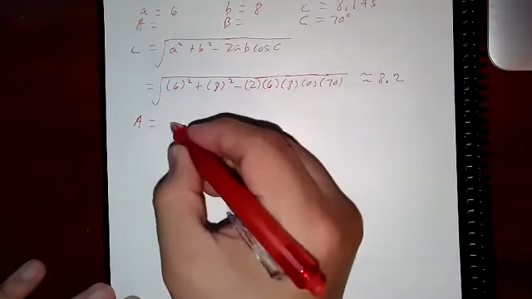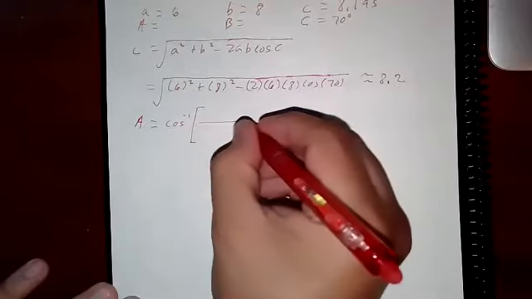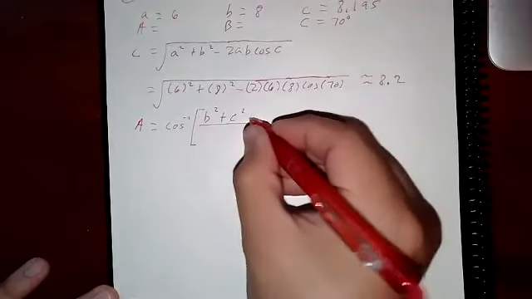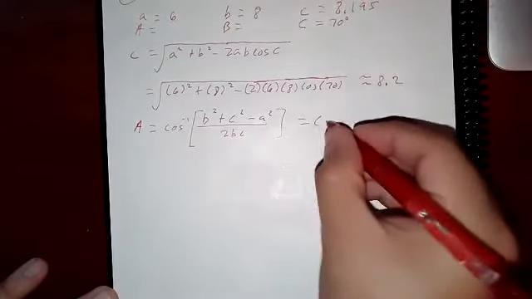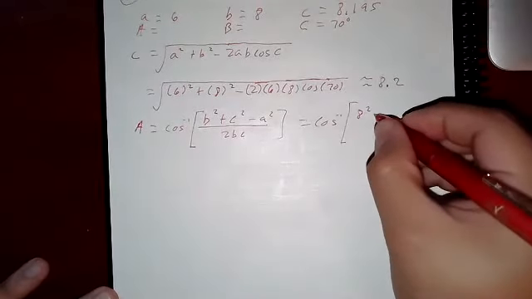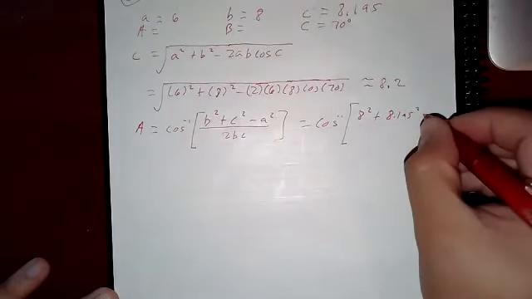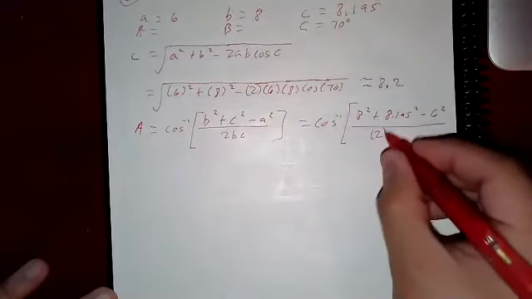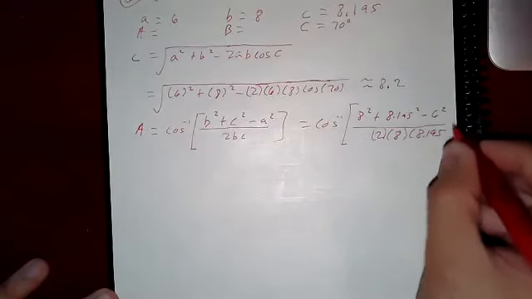It's equal to cosine inverse of b squared plus c squared minus a squared over 2bc, which is equal to 8 squared plus 8.195 squared minus 6 squared over 2 times b times 8.195.